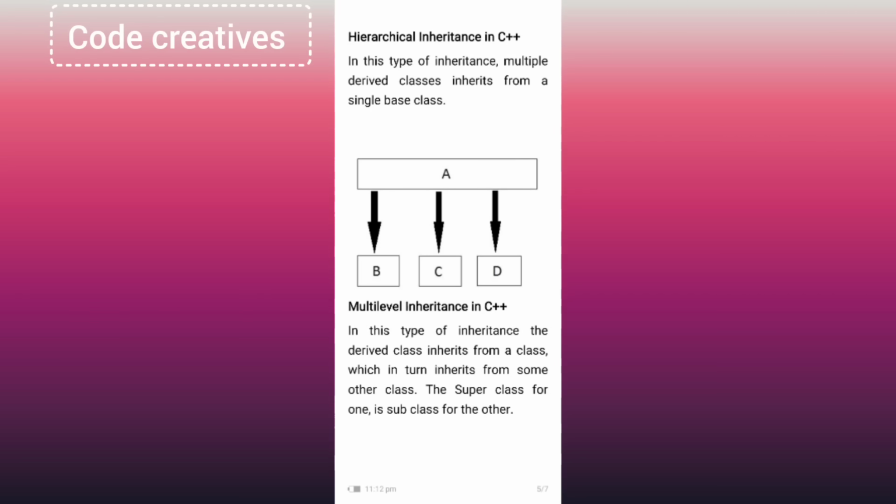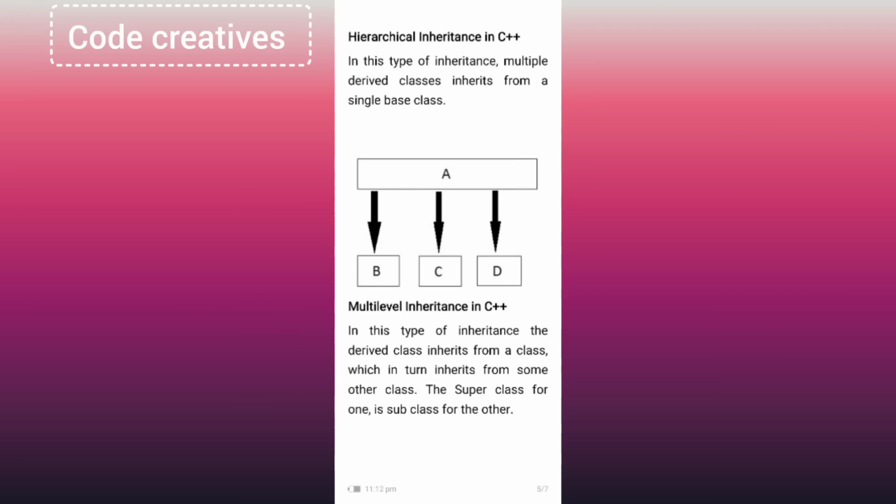Hierarchical is like a tree. It has multiple branches, where one branch has multiple branches. We can also consider it as a tree.